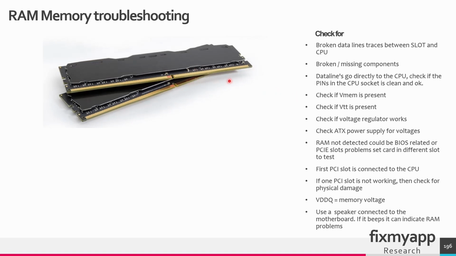Next is to check if the power supply for the memory is present, and also if the VTT voltage rail is present. Check if the voltage regulator works, if the output voltages are generated successfully. When the RAM module is not detected, it can be caused by a missing voltage, and maybe the RAM is not supported by the BIOS. To check if the motherboard has RAM problems, you can connect a speaker on the motherboard, and if it beeps, this can indicate a RAM problem.